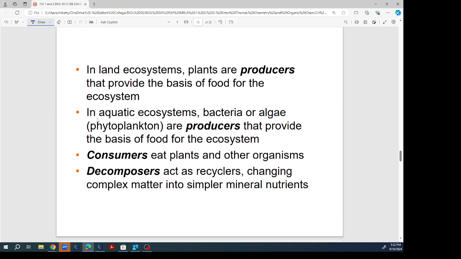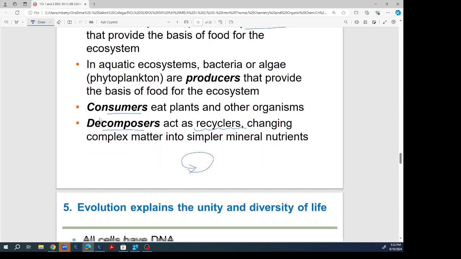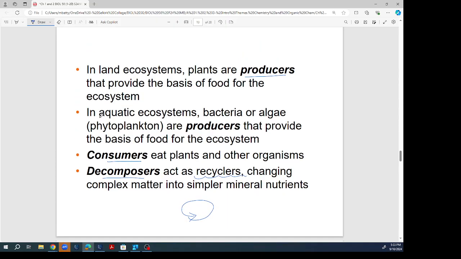This one just kind of further classifies or writes what was small on that diagram. So we have producers, consumers, and then we also have decomposers because they're the recyclers. They're big in those nutrient cycles and like I was talking about the composting. The other one that you don't generally think of as a consumer would be mushrooms and fungi.